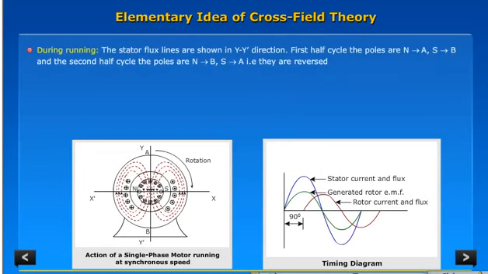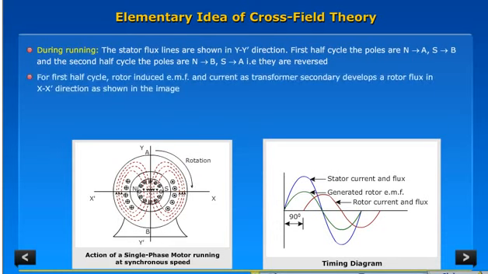During running, the stator flux lines are shown in y direction. In the first half cycle the poles are N2A, S2B, and in the second half cycle the poles are N2B, S2A, that is, they are reversed. For the first half cycle, the rotor induced e.m.f. and current, as in a transformer secondary, develop a rotor flux in xx direction as shown in the image.